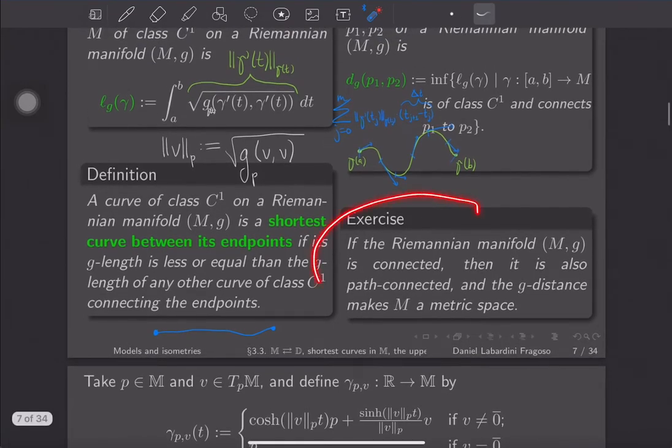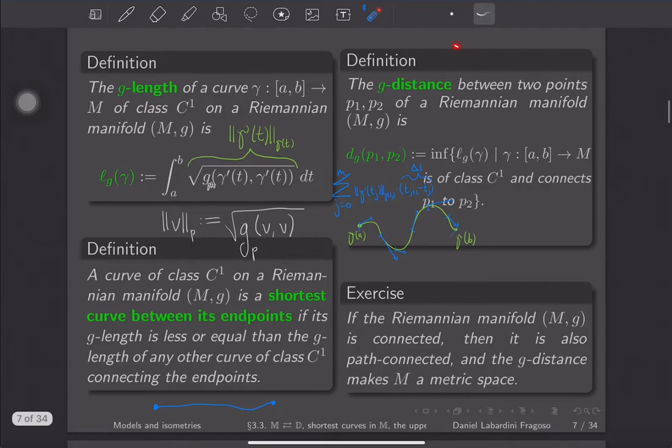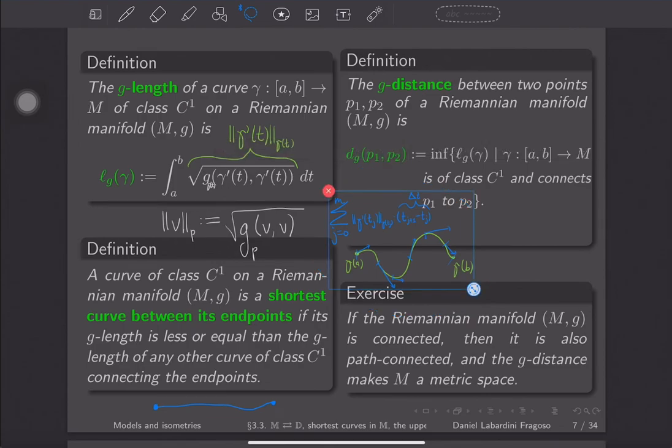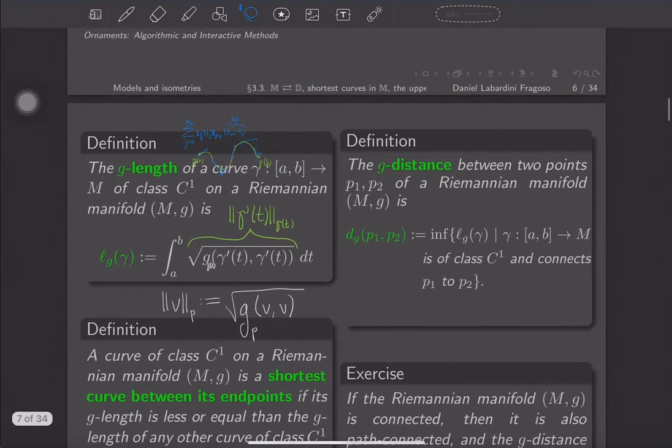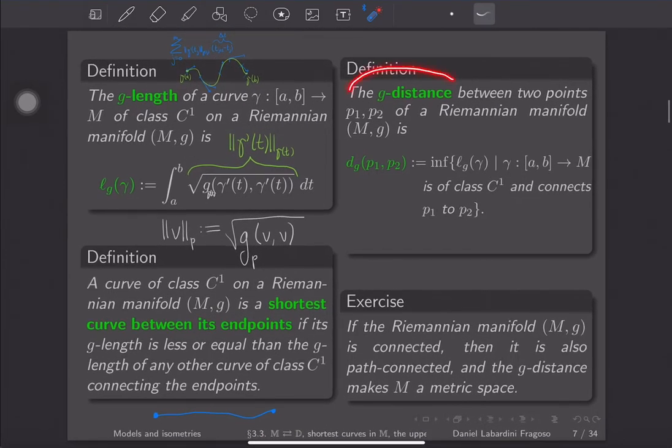Exercise: a connected Riemannian manifold is always a metric space. Sorry, I didn't explain this. What is the distance between 2 points? It is the infimum of the length of the curves that connect the 2 points.